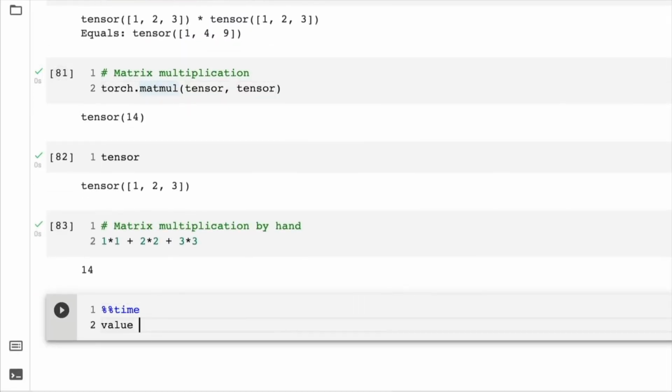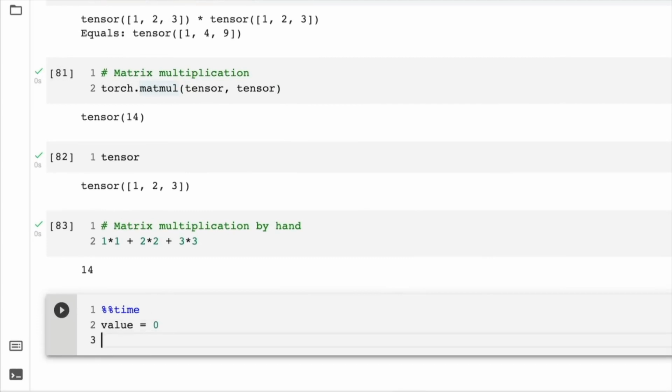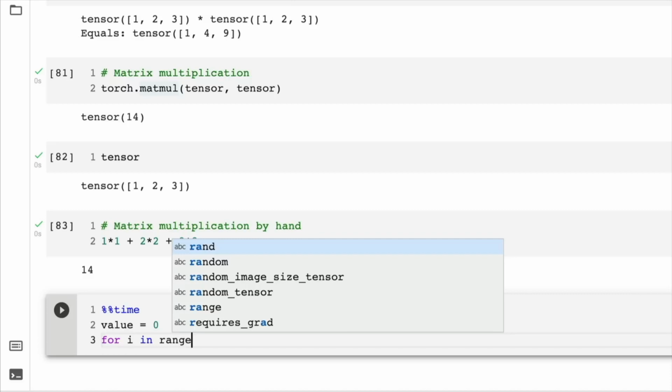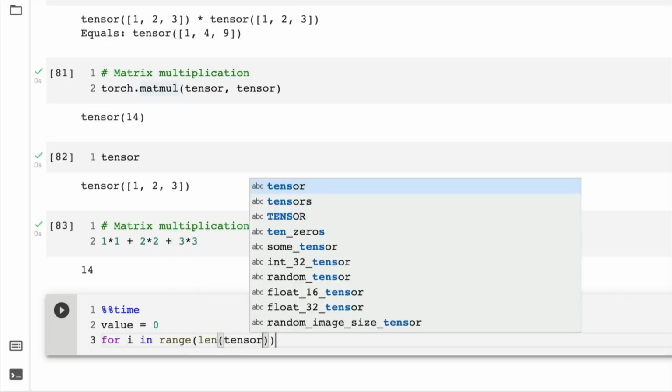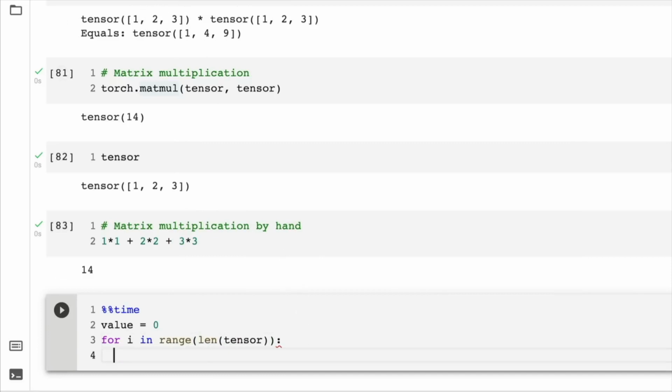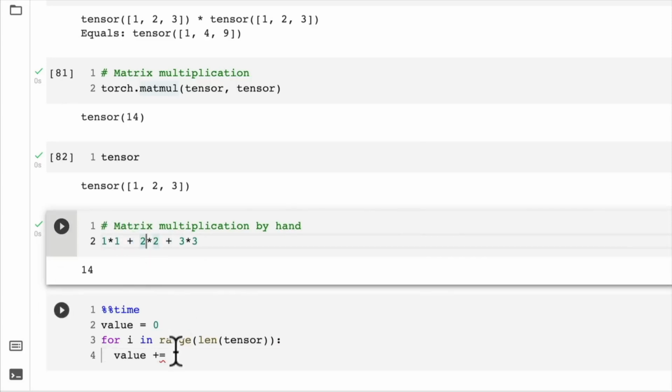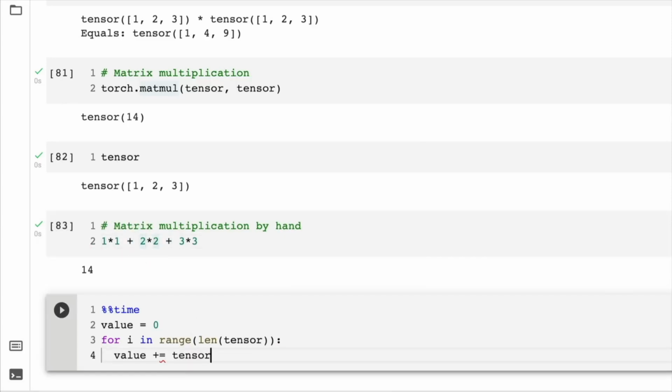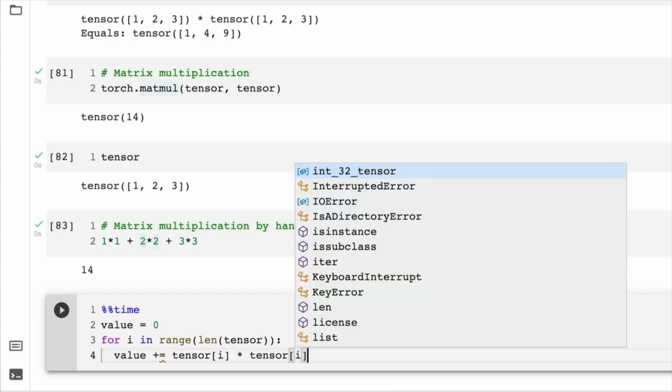So let's go value equals 0. This is matrix multiplication by hand. So for i in range len tensor, so for each element in the length of our tensor, which is 1, 2, 3, we want to update our value to be plus equal, which is doing this plus reassignment here, the ith element in each tensor times the ith element, so times itself.